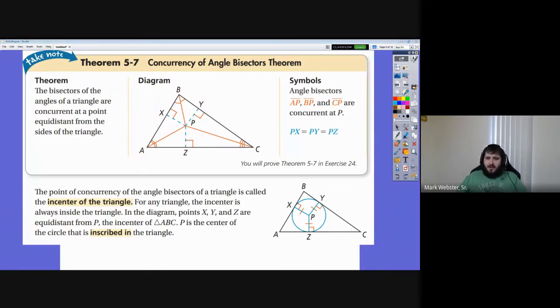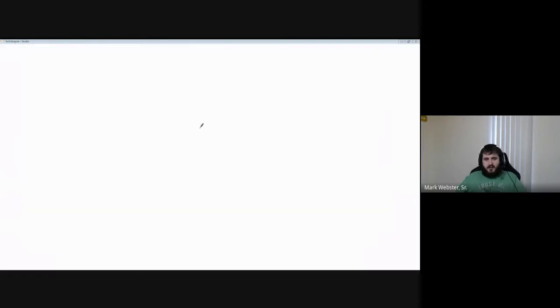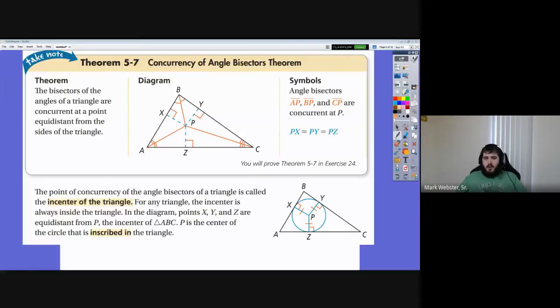And basically, in every way, this situation is the opposite of the last situation. Here, instead of finding where the perpendicular bisectors meet, we're finding where the angle bisectors meet. And here, instead of it being the distance to the vertices, it's the distance to the side.